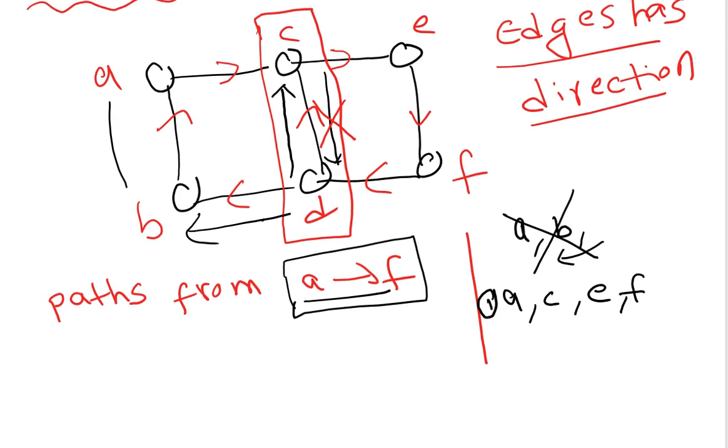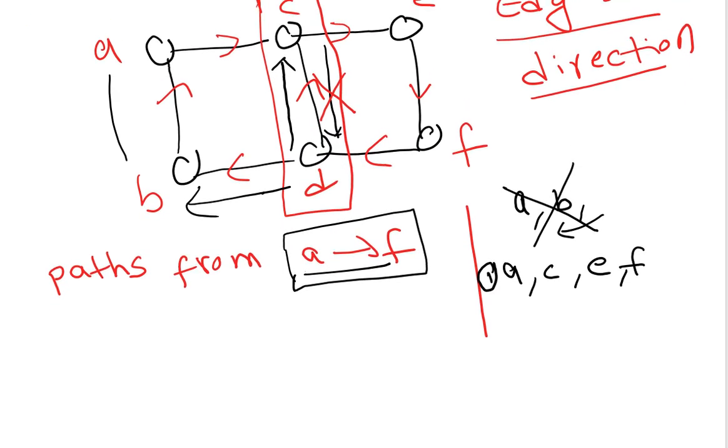If you draw the same graph as undirectional, with links between A, B, C, D, E, F like this, this is called an undirectional graph.